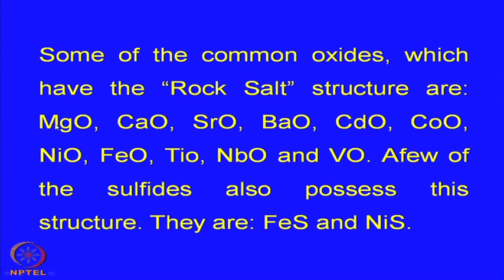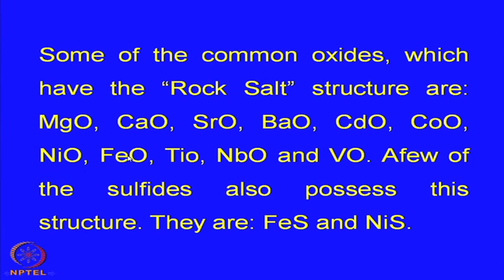So, all divalent metal oxides, starting from MgO, calcium oxide, strontium oxide, are actually ceramic oxides. They have high melting points, and they are used for different purposes. We will discuss them at a later stage. Barium oxide, strontium oxide, cadmium oxide, cobalt oxide, nickel oxide, all of them are divalent.